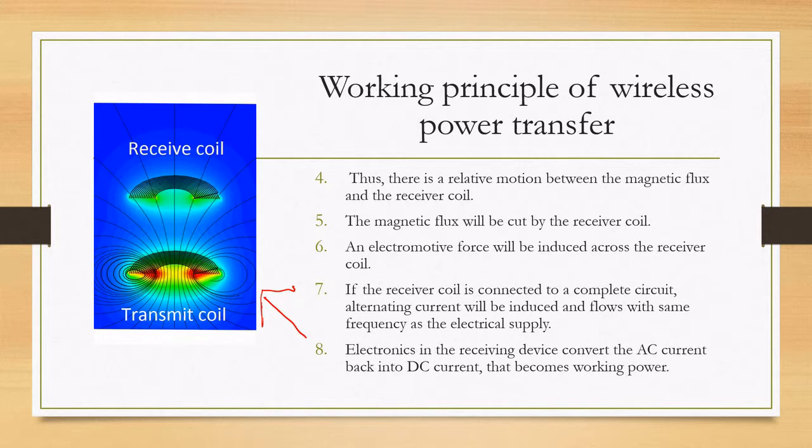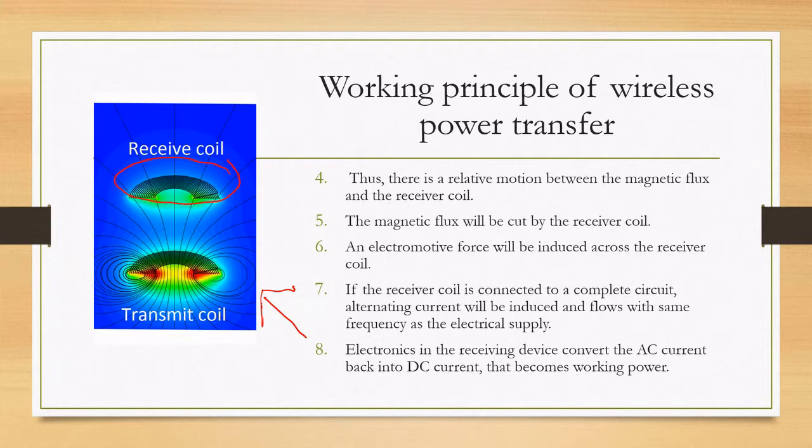When the magnetic flux around the transmitter coil is diverging and converging continuously, there is a relative motion between the magnetic flux and the receiver coil.